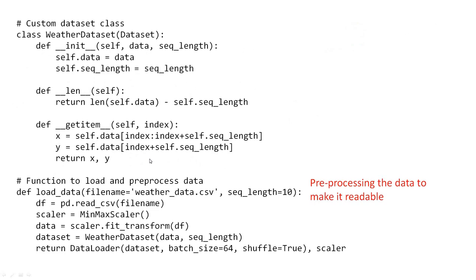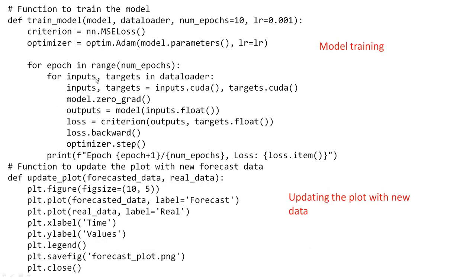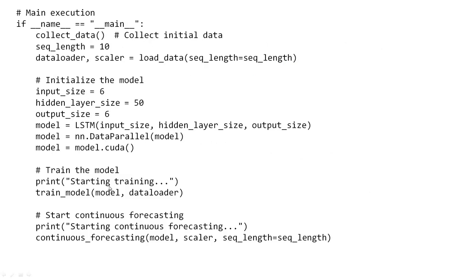Now the function to load and pre-process data is called load_data. That is what is pre-processing the data. That means you need only 10 data points to be fed in, and some filtering, whatever is required, cleaning the data as we call it, is done through this. Then training is done, using train model, then some plotting also.